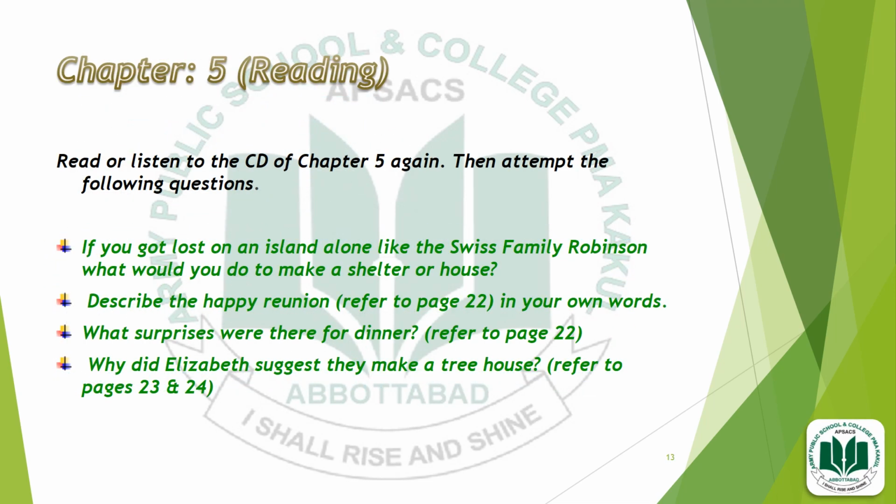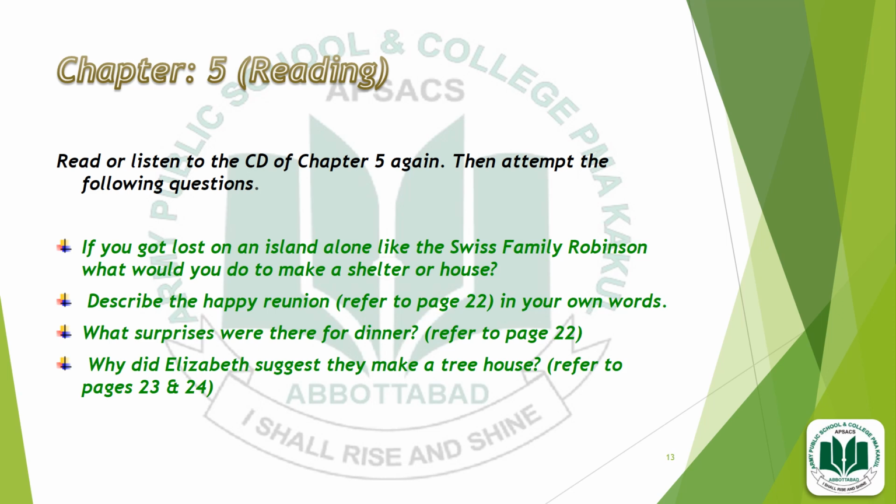Dear students, if you remember, in our week 12, your task was to read chapter 5. Now in week 13, you again have to read chapter 5 or listen to it from the CD provided with your novels. Then you have to attempt the following questions.